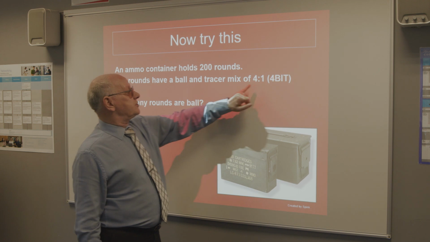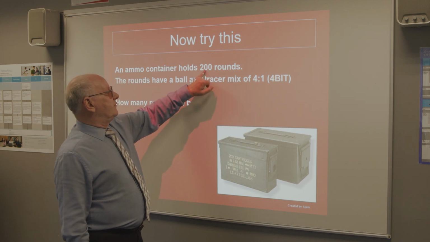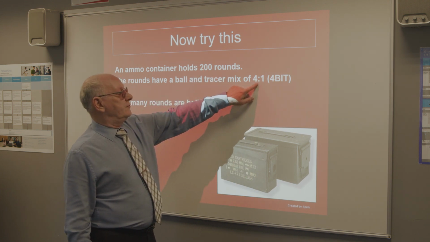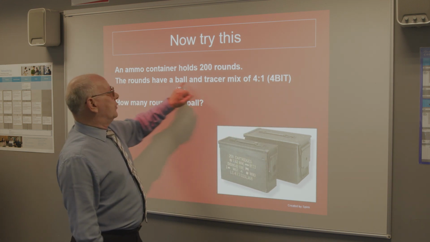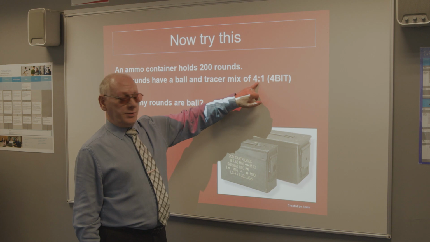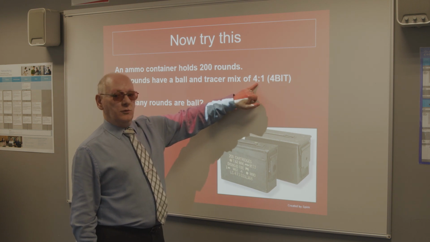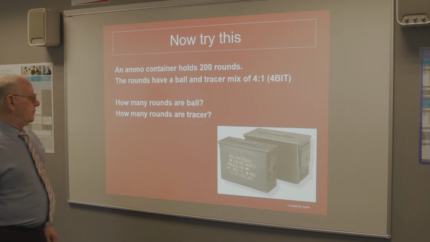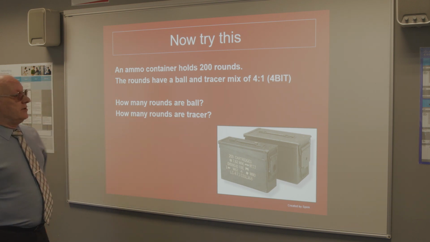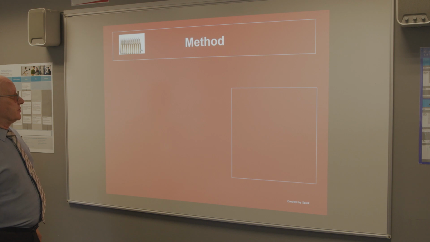So add the parts, which is 5, divide 200 by 5, you get 40. So each part is worth 40. The ball is made up of 4 of those parts. 4 times 40, 160. And then your remainder of the tracer, which is 40, because it's one part.